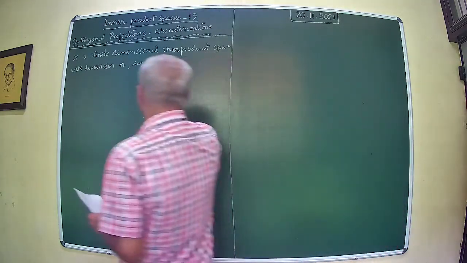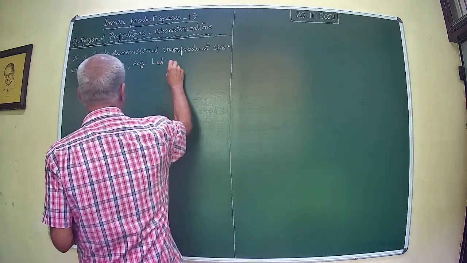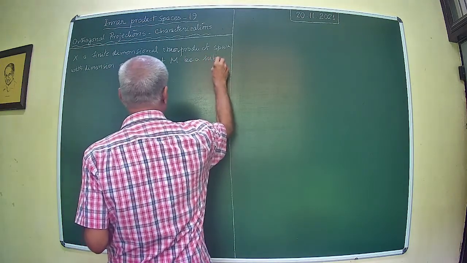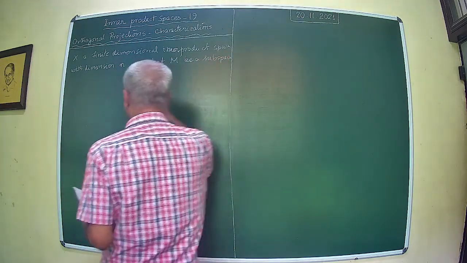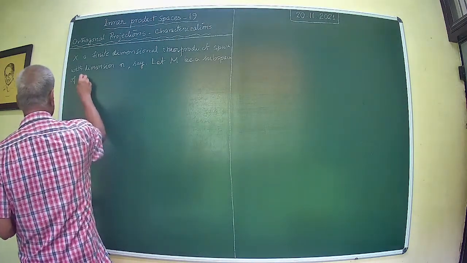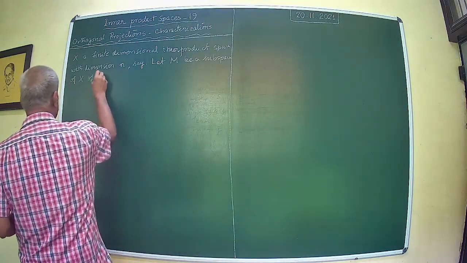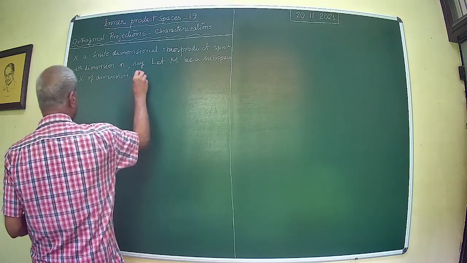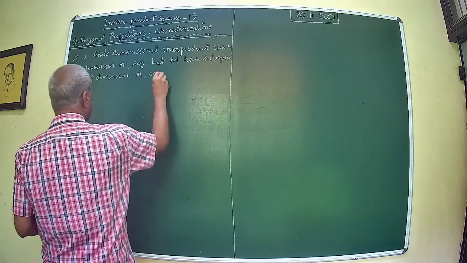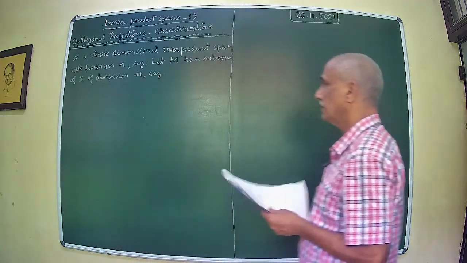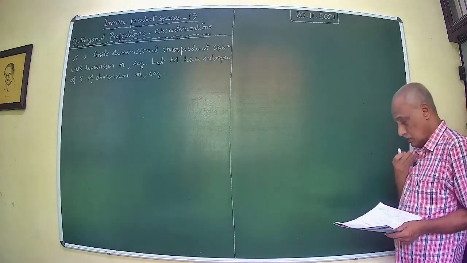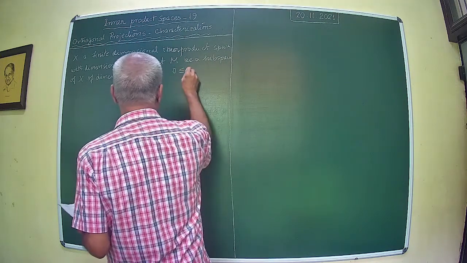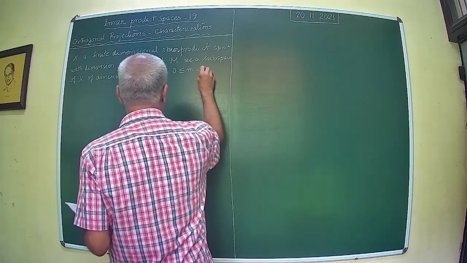Let M be a subspace of X of dimension m, say. Now what we have is this: 0 is less than or equal to m, which is less than or equal to n.